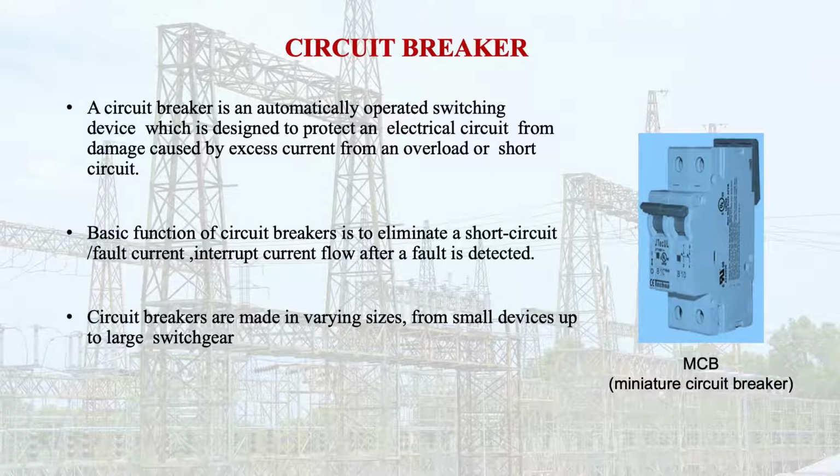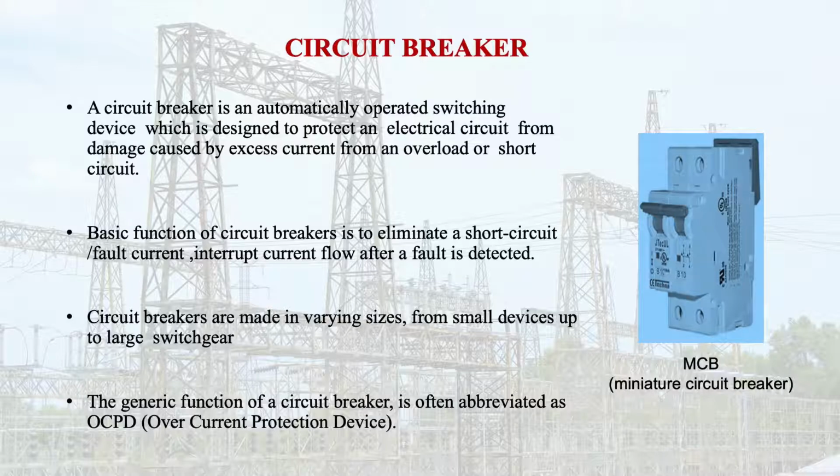Circuit breakers are made in varying sizes, from small devices that protect low current circuits or individual household appliances. You have seen at your home that there are miniature circuit breakers, you call them MCB switches, which operate whenever some fault occurs and protect your complete circuit or equipment and just cut the light at that time.